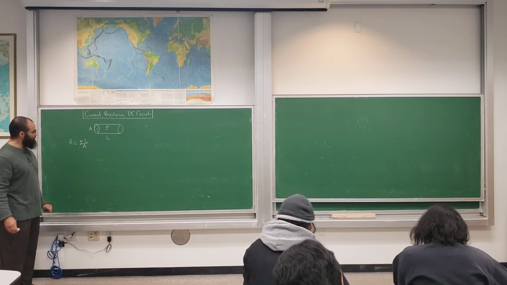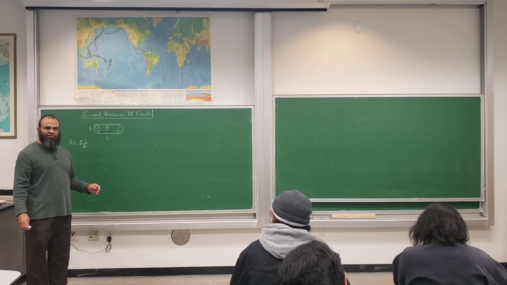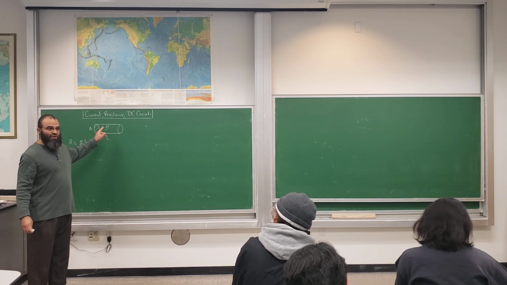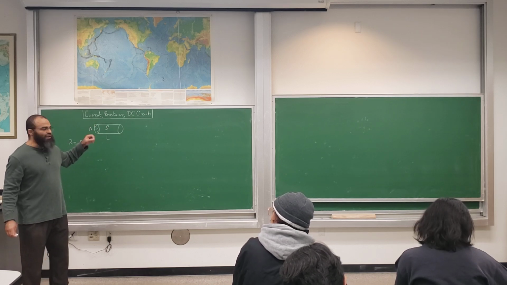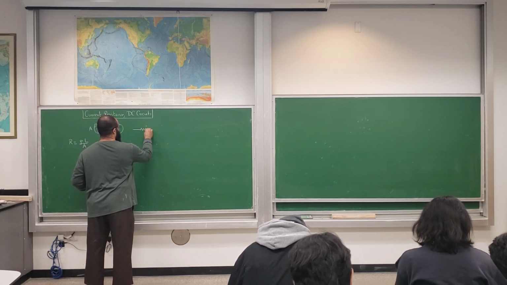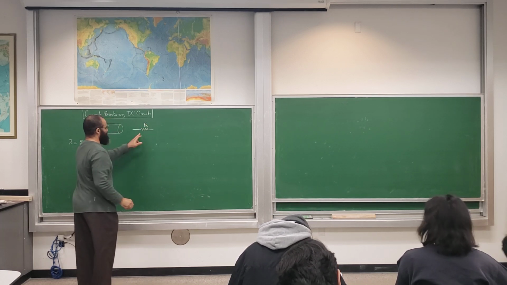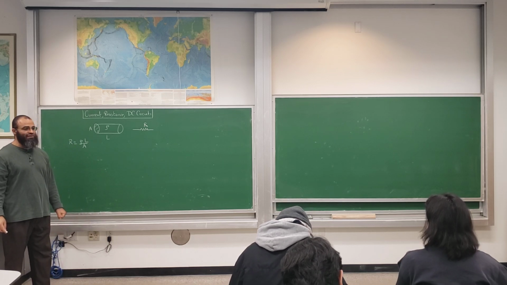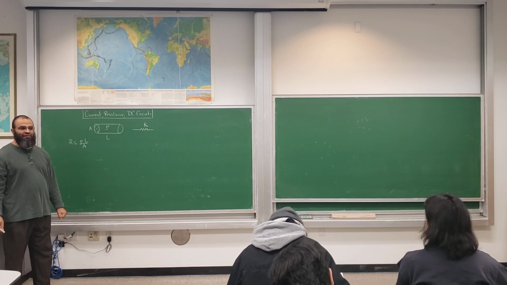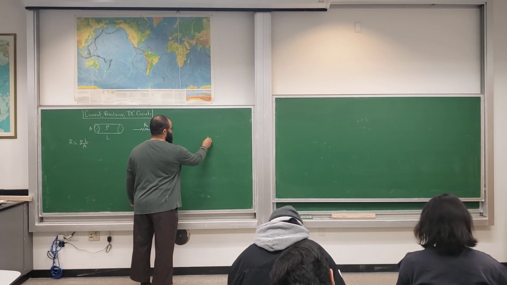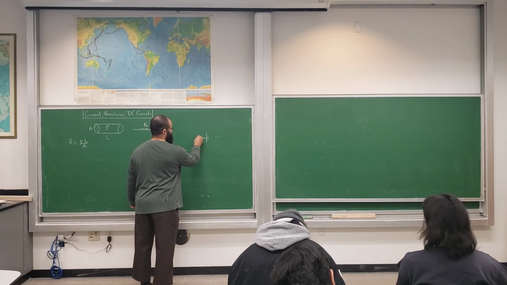All right. So how does a resistor look like? It looks something like this. But in a circuit, we like to do it like this. This is a resistor. That's the symbol for a resistor. And we're going to say, here's a circuit, you got a battery.